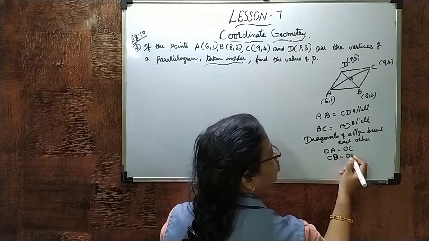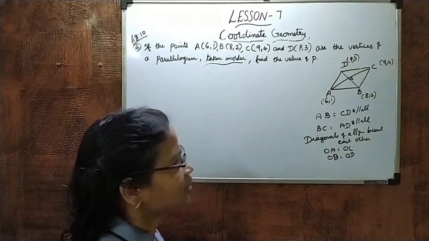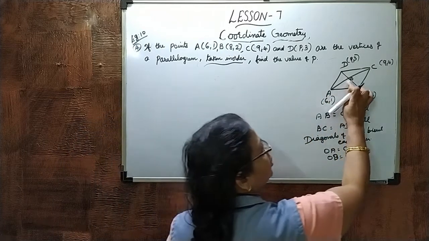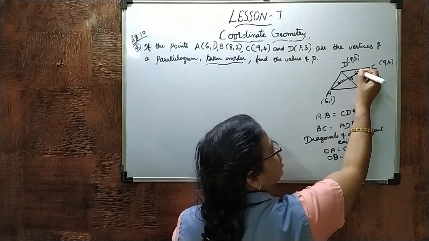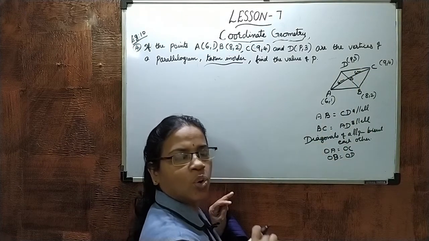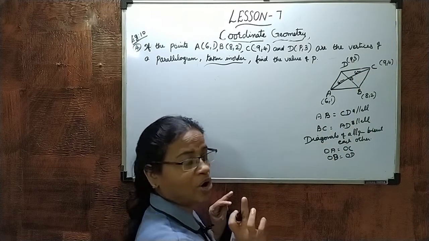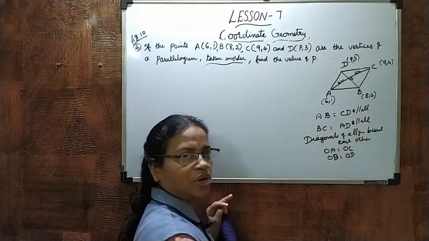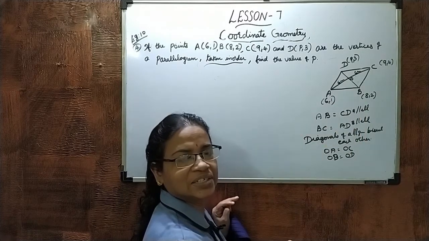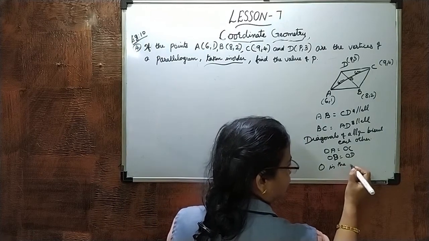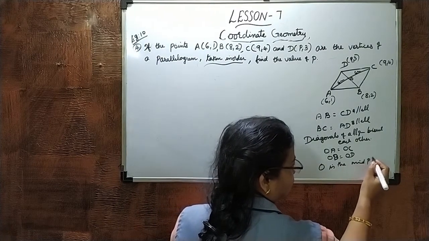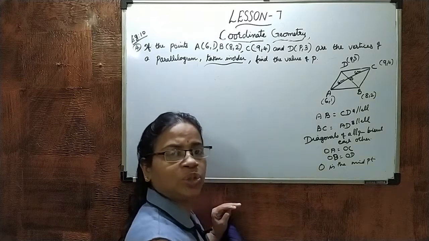That means OA equal to OC means here 6 cm, here also it will be 6 cm. So O should be the midpoint. O is the midpoint of both the diagonals. That means O is the midpoint. So what can we do then?